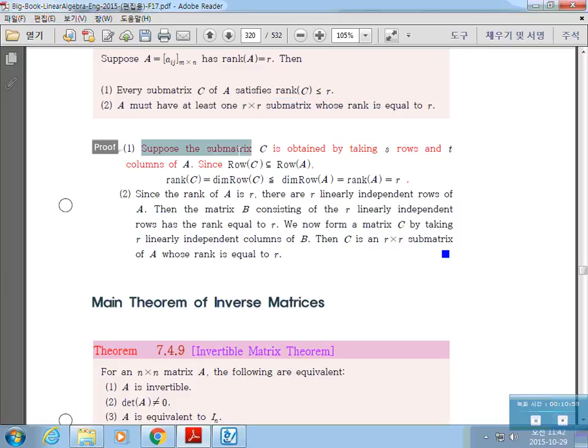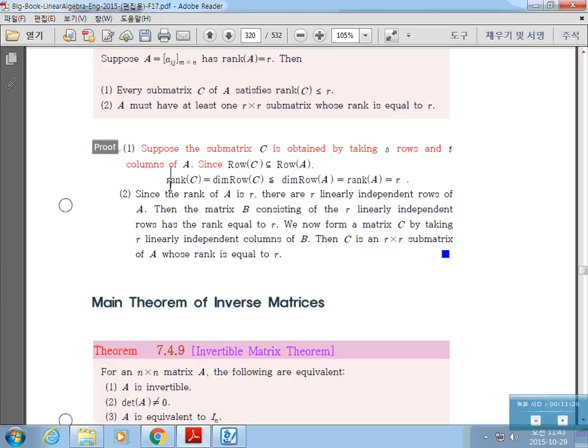Suppose the submatrix C is obtained by taking S rows and T columns of A. Then we have an S by T submatrix C. Then the row space of C is a subspace of the row space of A. So the rank of C cannot exceed the rank of A, isn't it?